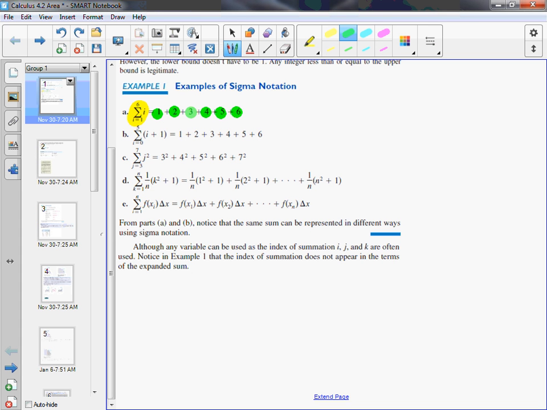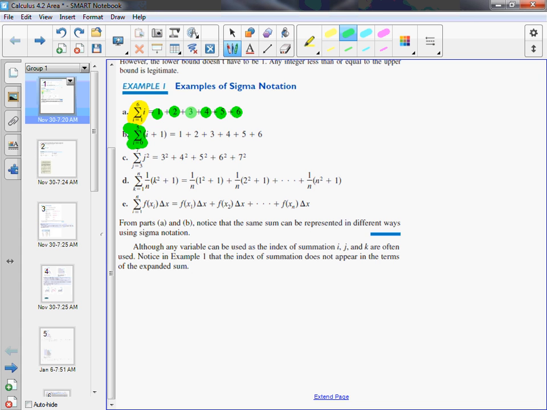That's what that notation means. Okay? Now look at B. This time, what's our index of summation? All right. I. What's our lower bound? 0. What's our upper bound? 5.